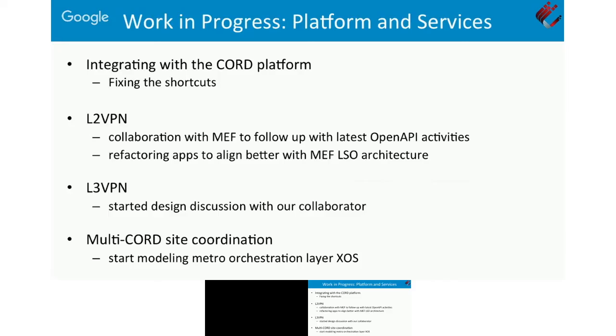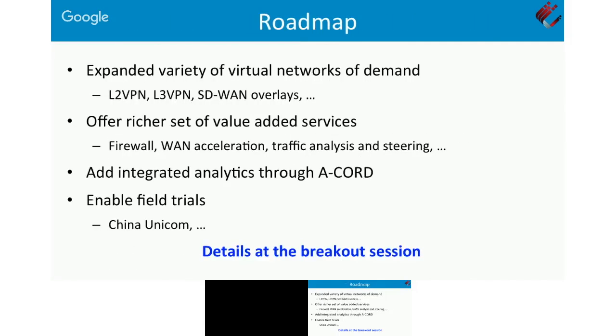So we were starting to look at L3 VPNs with one of our collaborators. And finally, because the POC was a demo, there were some gaps that we're starting to fill right now. One of our main focuses is the metro-level XOS for delegating the tasks to the various sites. So that's the beginning first steps in our roadmap.